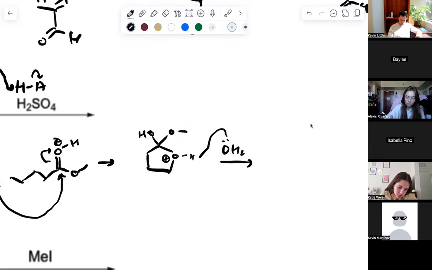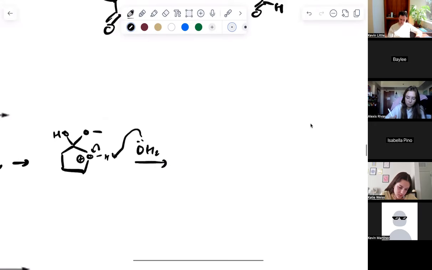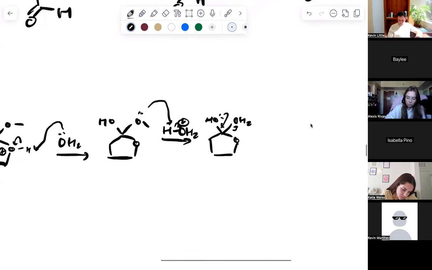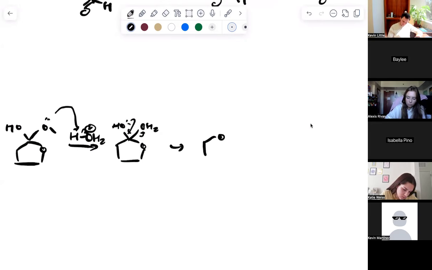We're in acidic conditions, so I'll take the proton from the nucleophile and give it to the better of the two leaving groups. And then I have reformed my carbonyl.